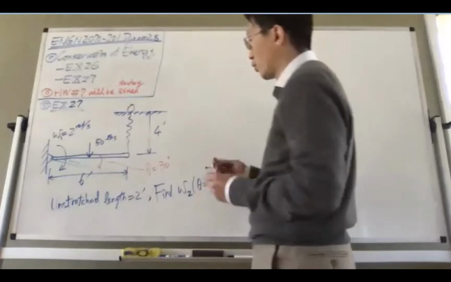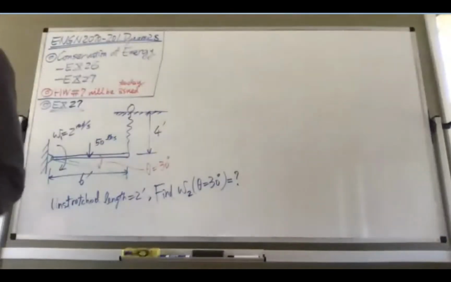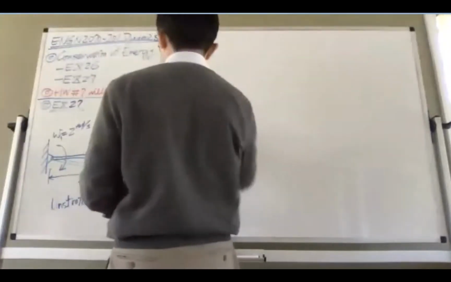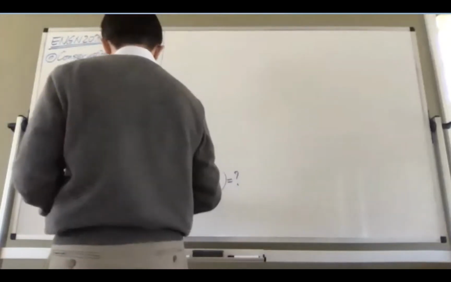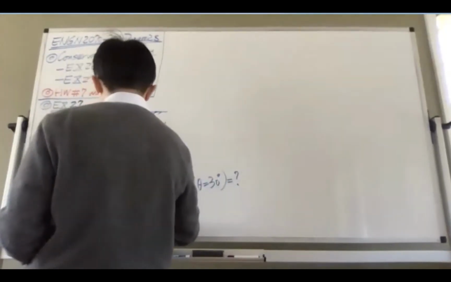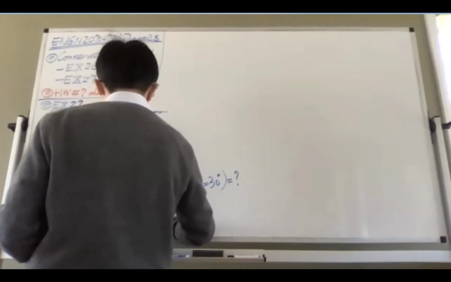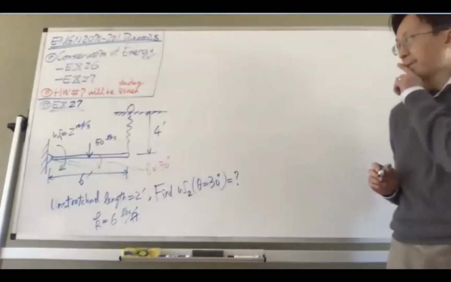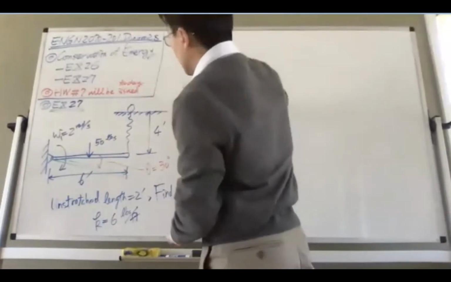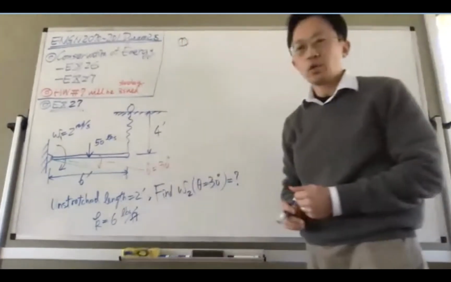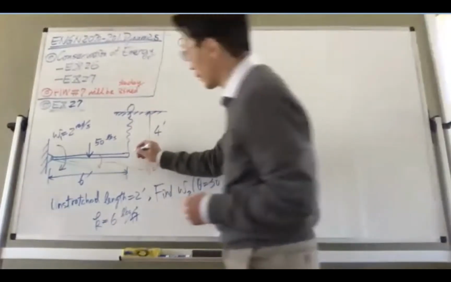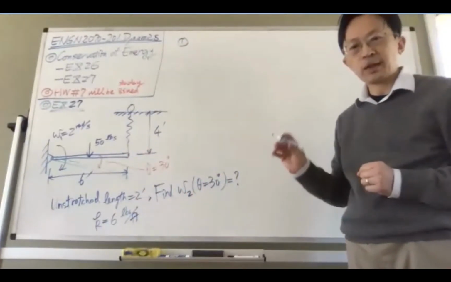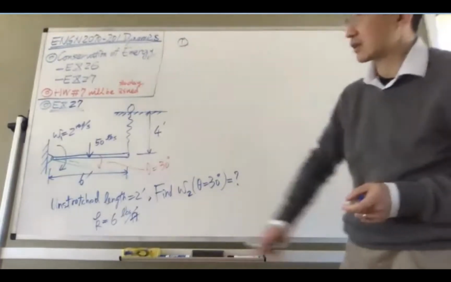So how do we solve the problem? Of course, you must have the spring constant, and the spring constant K is 6 pounds per foot. First of all, we have to understand this problem by knowing that the position when the spring is unstretched is not like this.